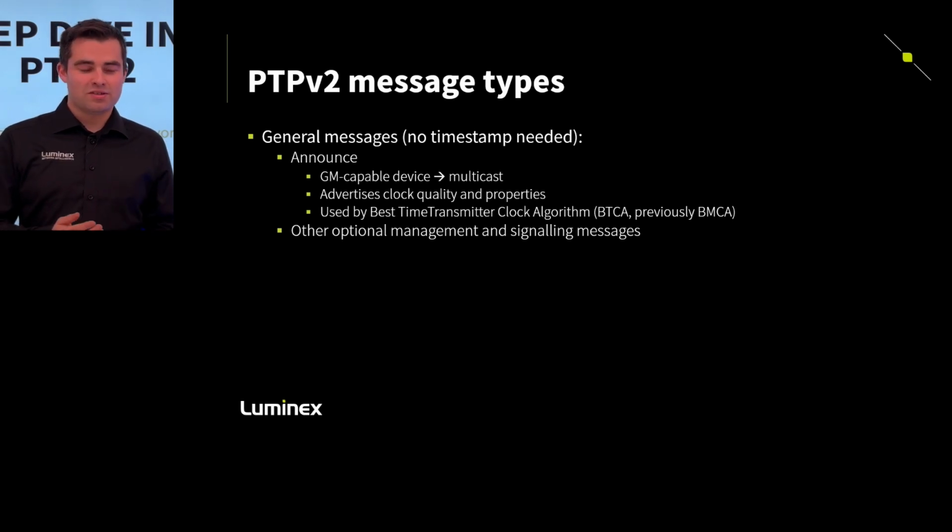And these parameters will be used by the best time transmitter clock algorithm, previously called BMCA, best master clock algorithm, to calculate who will become the grandmaster in the network. It's an election process. It's good to know that there are other general messages for management and signaling. These are mostly optional and often not that important.